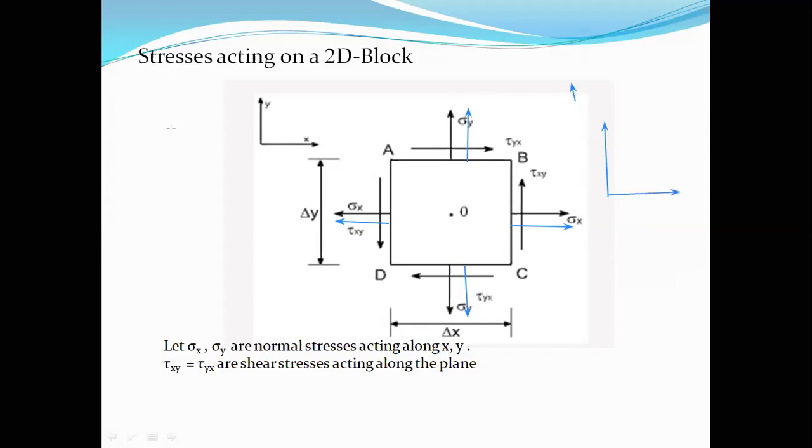As represented here, this is sigma x, and this is sigma x, and this is sigma y. These two are in x and y direction. So the stresses which are normal to the surface are known as normal stresses. Next one, the stresses which are acting on the plane. Look at here, this one.